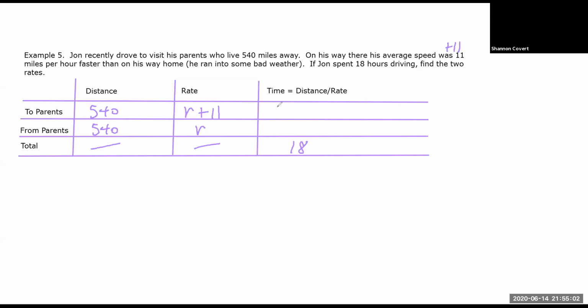The time to the parents is 540 over R plus 11. The time from the parents is 540 over R. And those two amounts, 540 over R plus 11 plus 540 over R, equals 18 hours. My lowest common denominator is going to be R times R plus 11.